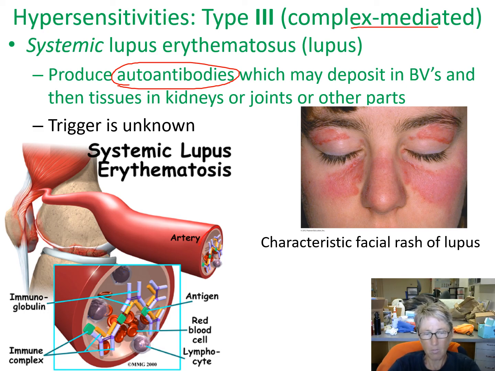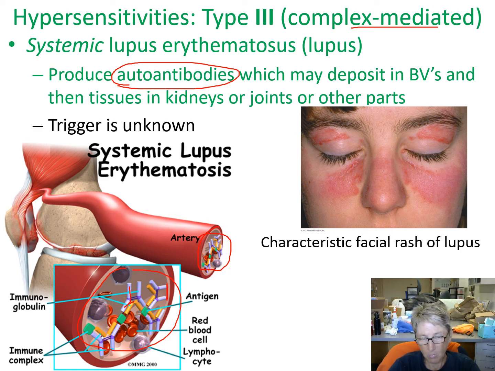So here's a cartoon of an artery that's cut, and you come down here and enlarge that. You see this complex mediated, so all these antigens and antibodies stuck in the wall of these blood vessels.